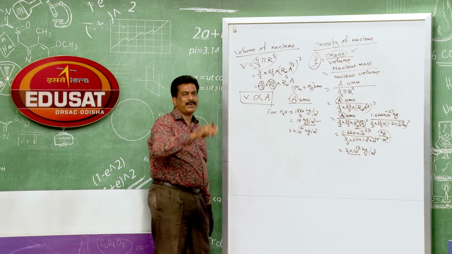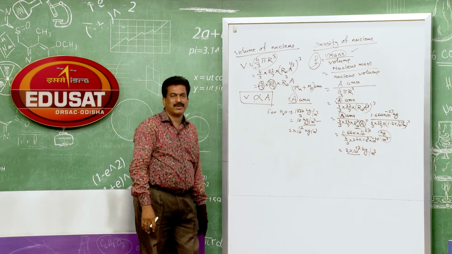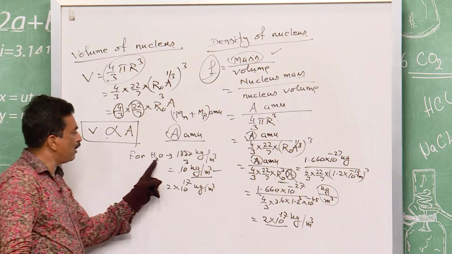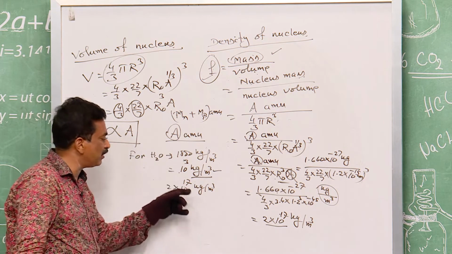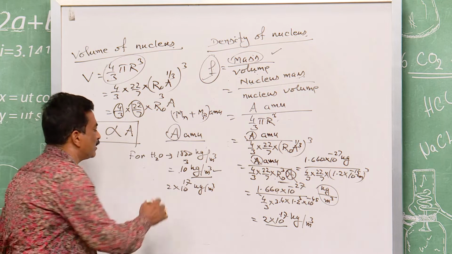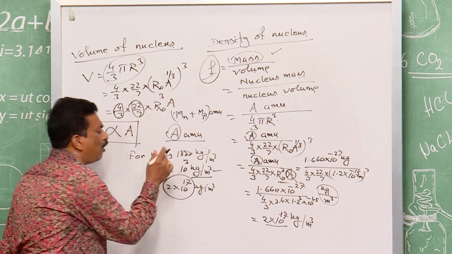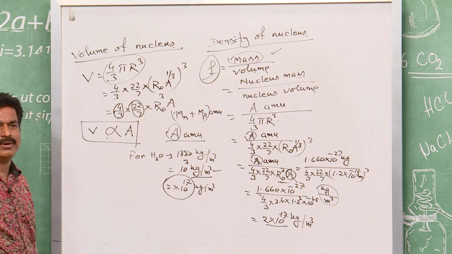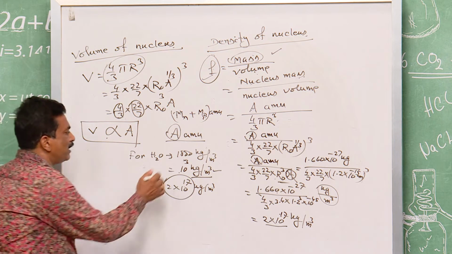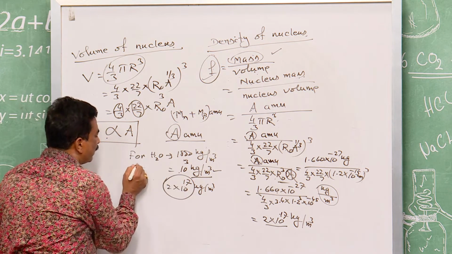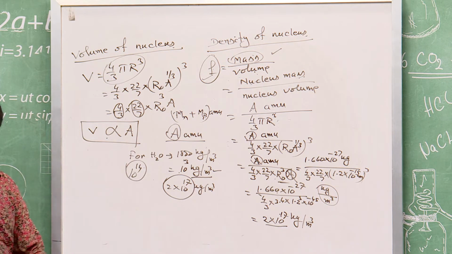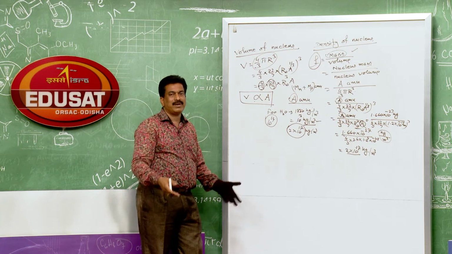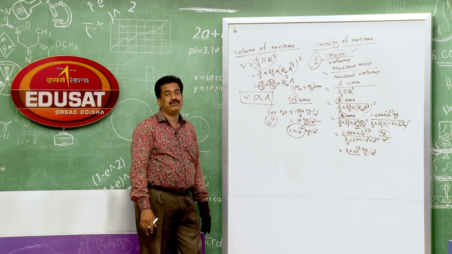It never depends upon the number of protons or neutrons, but it depends upon its own value. The density of the nucleus for almost all elements is 2 into 10 to the power 17, which in comparison to water is 10 to the power 14 times greater. 10 to the power 14 times means how much, just look over.